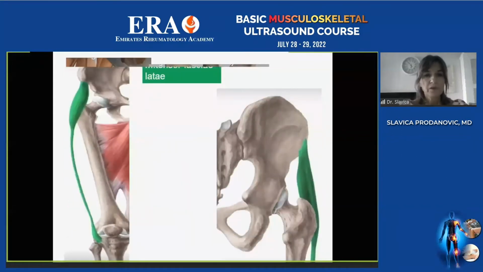Then more laterally, we have the tensor fasciae latae muscle. This muscle has a proximal attachment at the anterior superior iliac spine, and a distal attachment at Gerdy's tubercle on the tibia bone. And this muscle has a big tendon named the iliotibial band that you know very well.